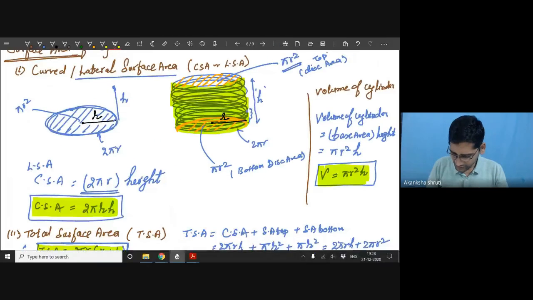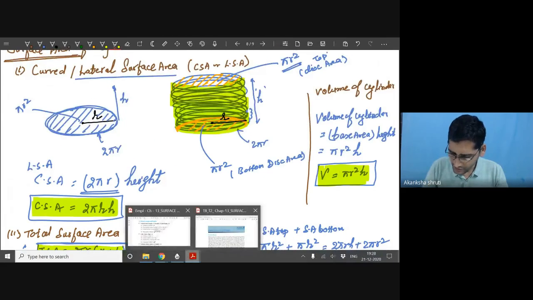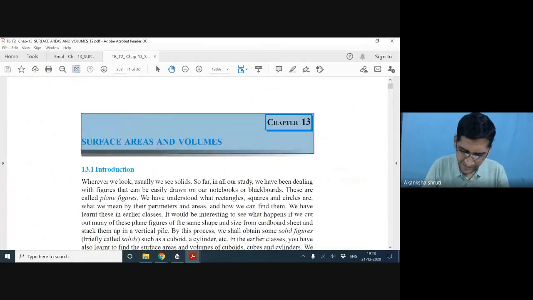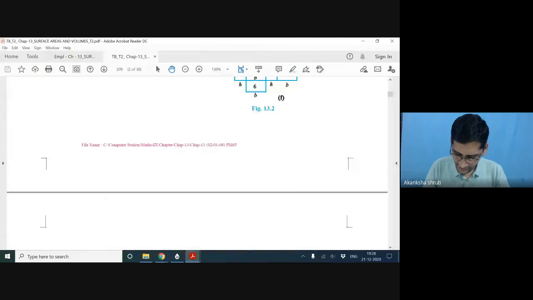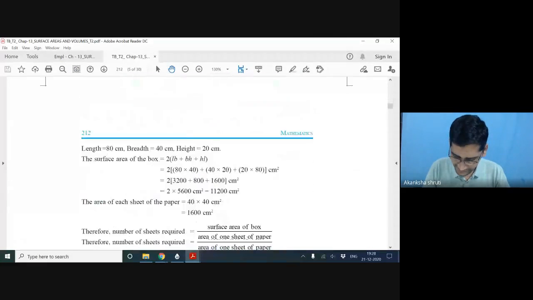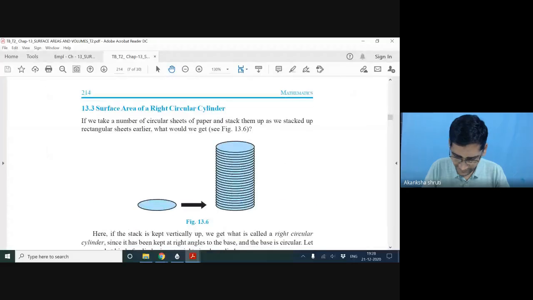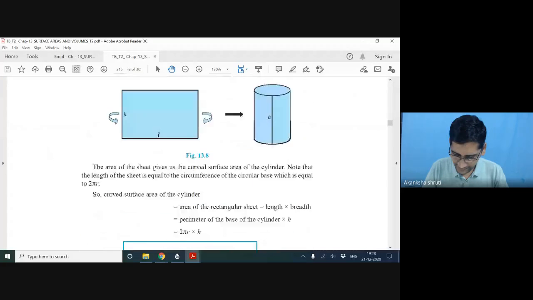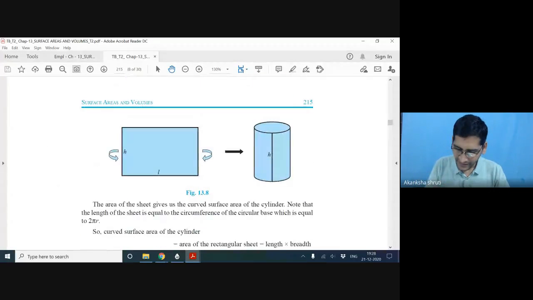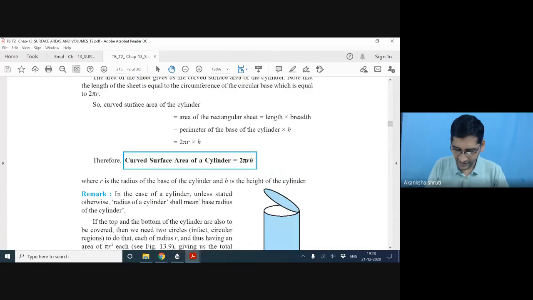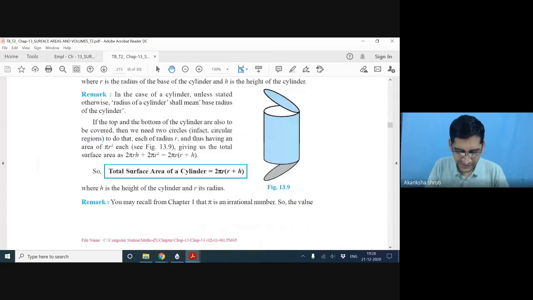So let me take one of the questions from your textbook. So for the cylinder, the same figure we had explained. Height h, the circular boundary, how is that? That is the height h with the same length.